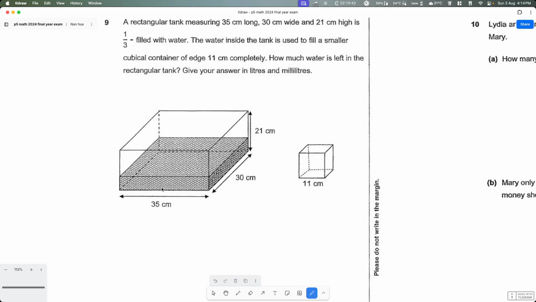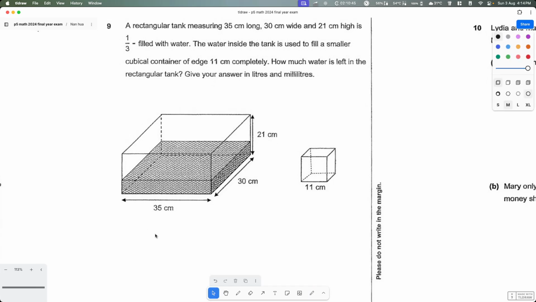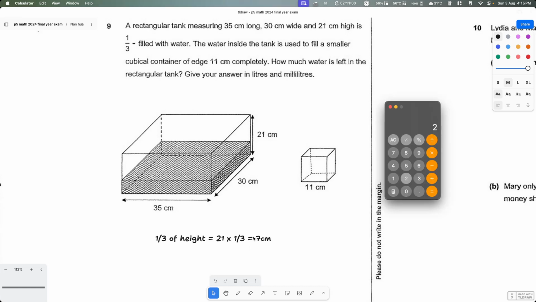So first we want to get one third of the height. Because with one third of the height, we can get the volume of the water. So one third of height is equal to 21 times 1 over 3. So this is 7, right? It's just 7 centimeters. If you want to double check, 21 multiplied by 1 divided by 3, 7.